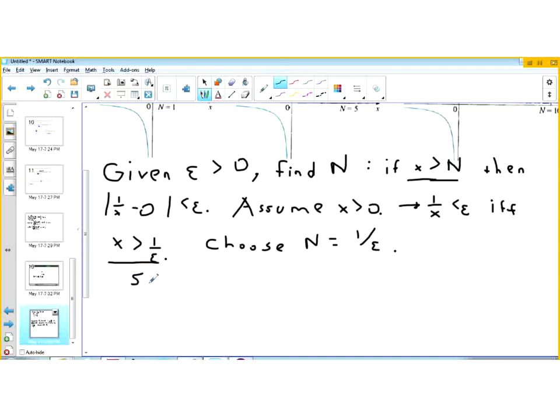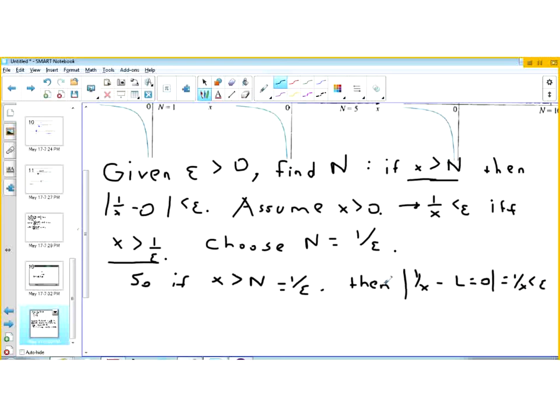Okay, so if x is greater than n, which is equal to 1 over epsilon, all right, then what? 1 over x minus L, which is equal to 0, which is equal to 1 over x, is less than epsilon.